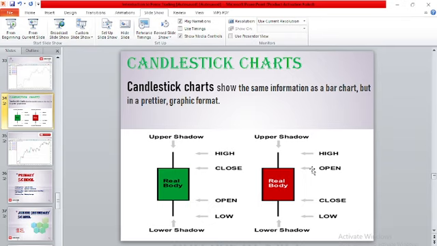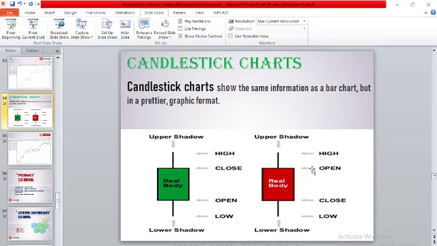If the closing price is higher than the opening price, then the block in the middle will be green. Or sometimes you may have a hollow chart on your phone or your laptop, and you can call it either hollow or unfilled.